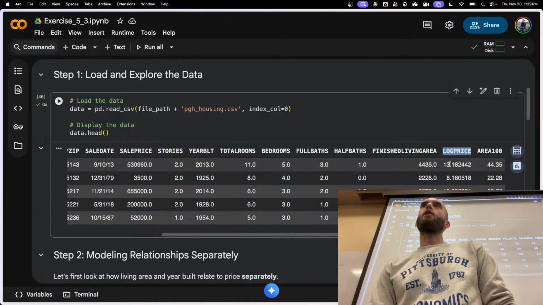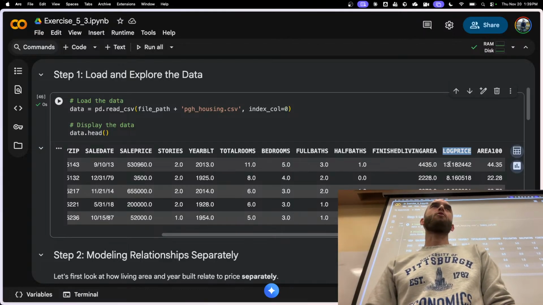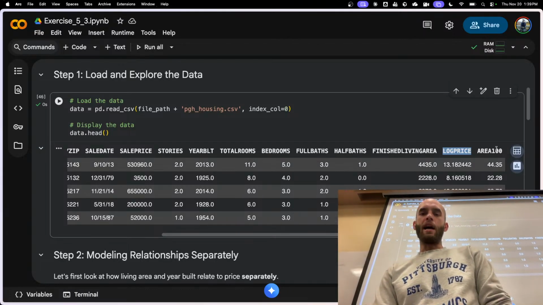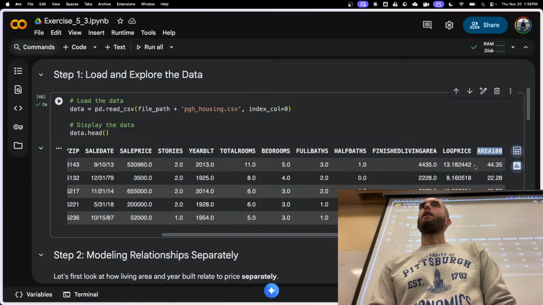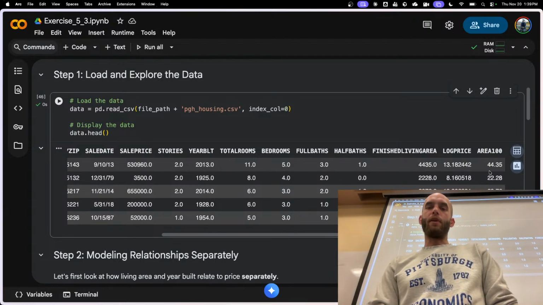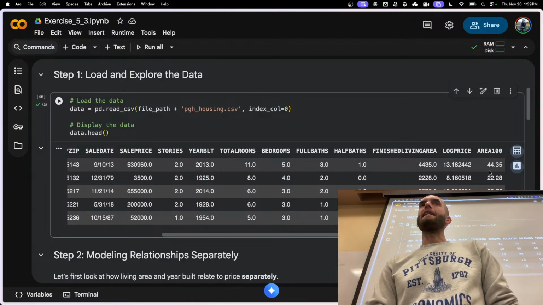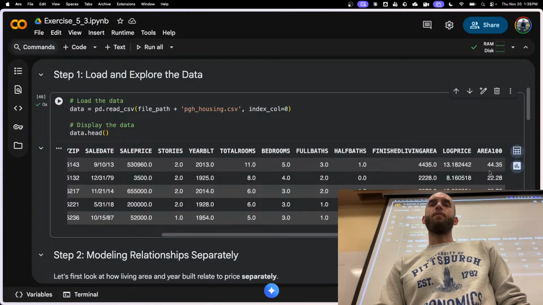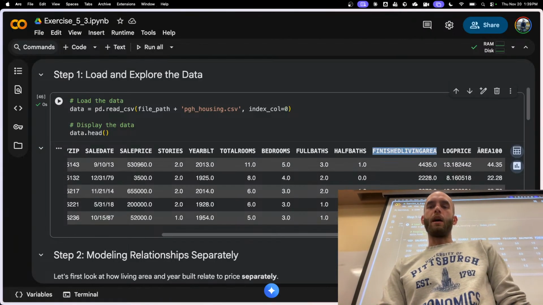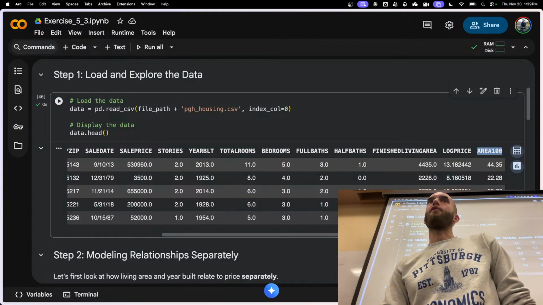I created a variable called log price, which is just the natural log of the price. And I also created living area 100, which is the area of the house divided by 100, which makes it a little easier to interpret. We're going to get pretty small coefficients if we just use living area, so I created this one to make the coefficients a little easier.